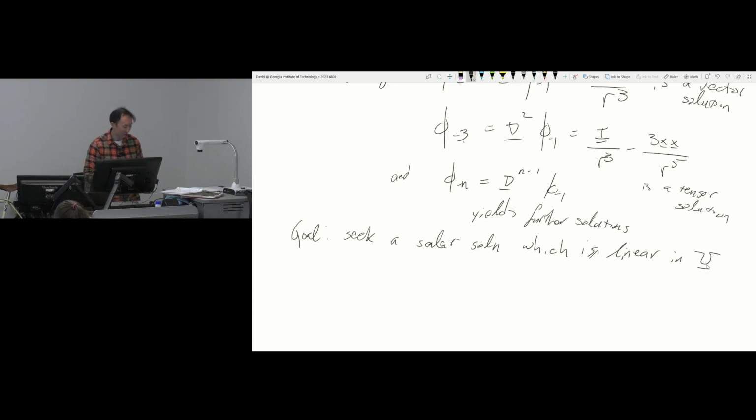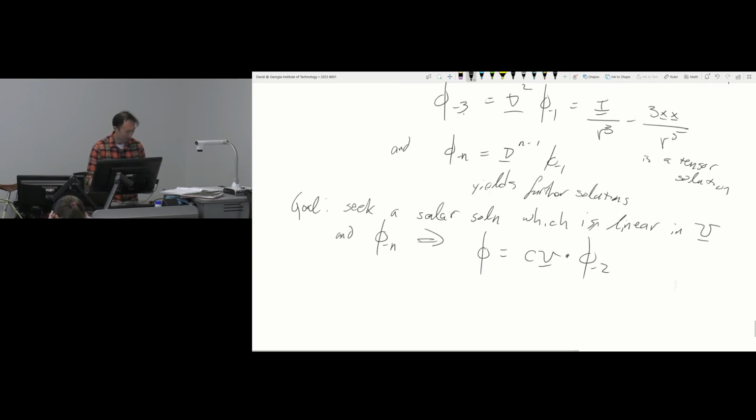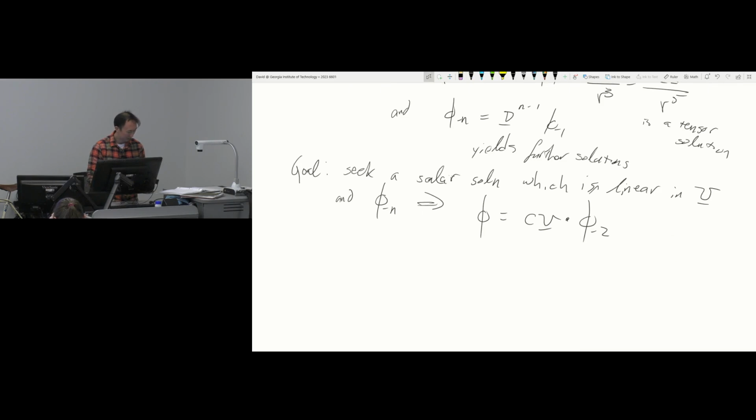It better also be linear in the velocity v. And we need to have this information of phi because that is satisfying the conservation of mass. So we choose, basically the easiest way to do that is phi is equal to c times phi to the negative 2, where c is a constant.